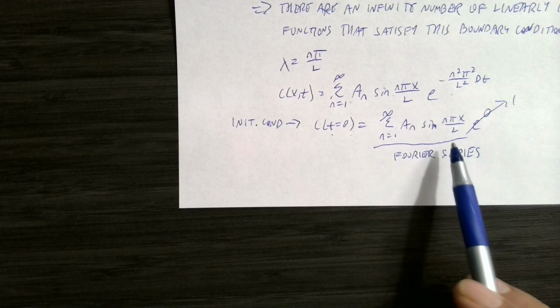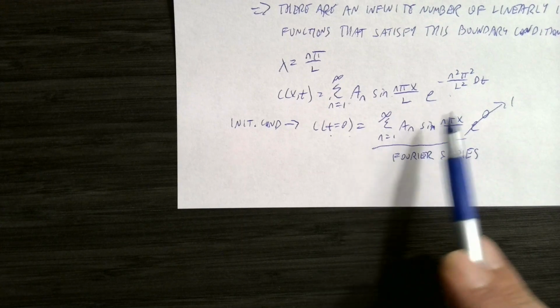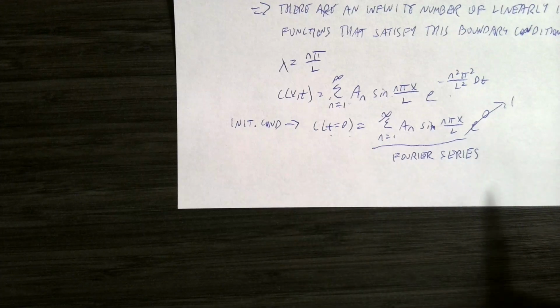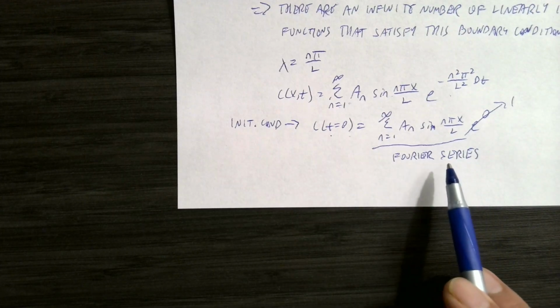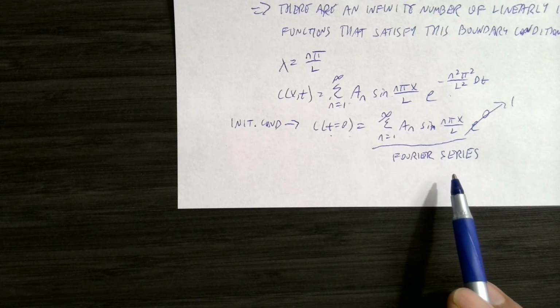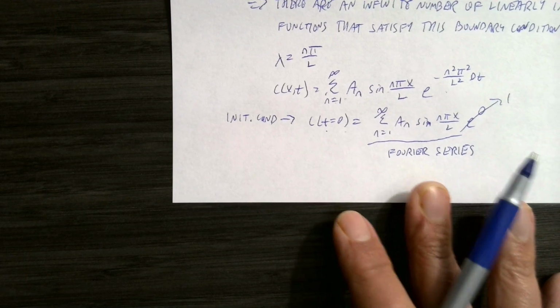And you can actually figure out what the values of a sub n need to be. You can write down an equation for them as a function of n using the techniques that are used to develop Fourier series. And it turns out that these Fourier series can be used to build any function over a finite interval. Okay, and so they're often used to look at like a square wave.